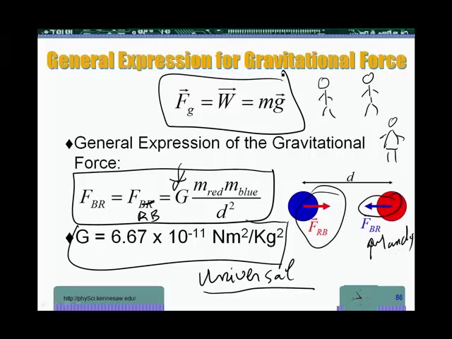It's the force that Mandy is going to feel because Mandy is attracted to the Earth. It is the special case where we are discussing the gravitational attraction between various objects at the surface of the Earth and the Earth as a whole. That's what makes this special. Okay.